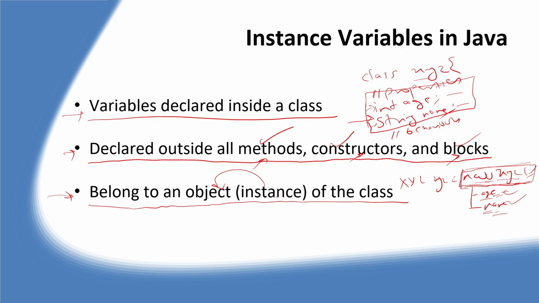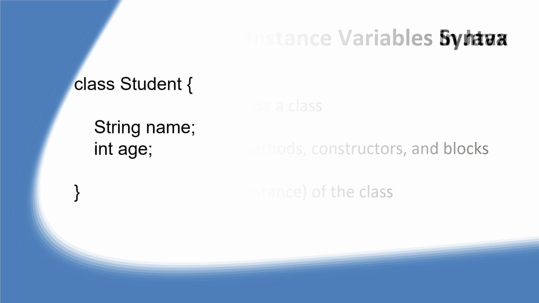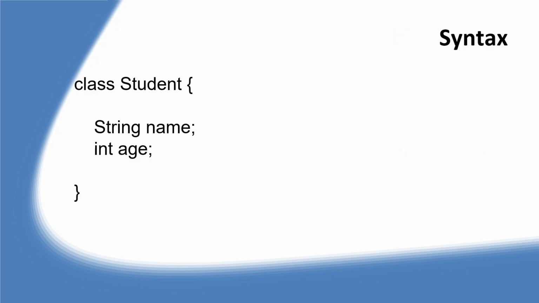Now let's see what is the syntax of the instance variable. So let's say, for example, we created one class student, and we have defined these properties name and age. Okay, now when we create an object of student class, Student s1, Student is what?